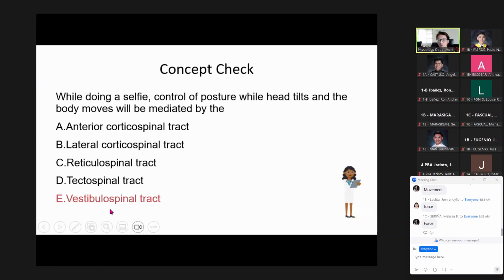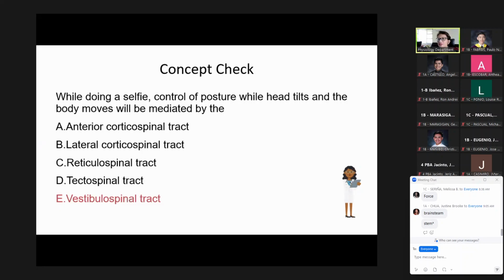Vestibulo. It means to say that it comes from your vestibular nuclei, right? Where do the vestibular nuclei come from? What are the vestibular nuclei connected to? Of course, to the vestibular apparatus, right? Wait, I can't see the chat. Right? To the vestibular apparatus. And what is the vestibular apparatus for? My chat disappeared.